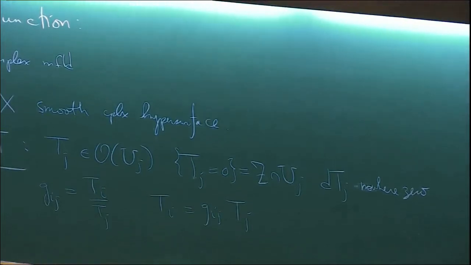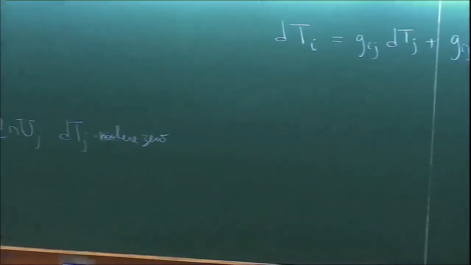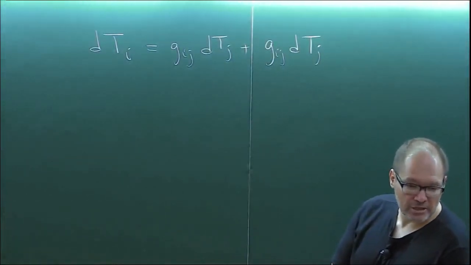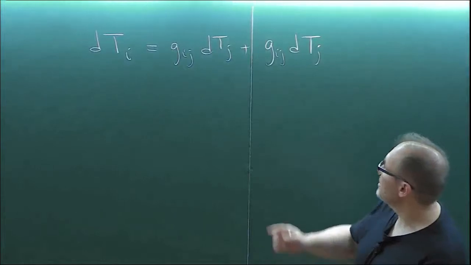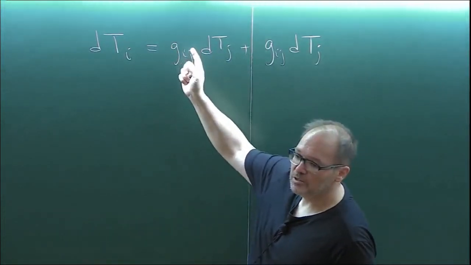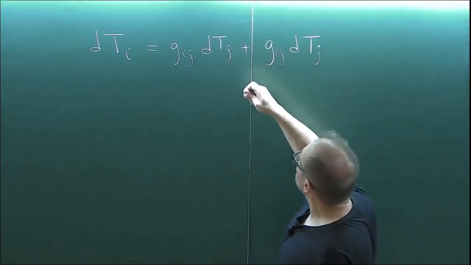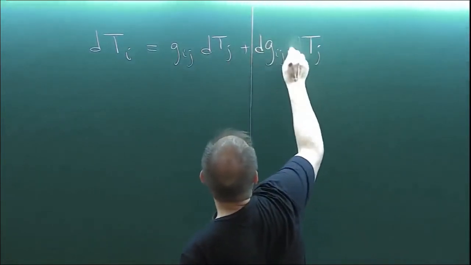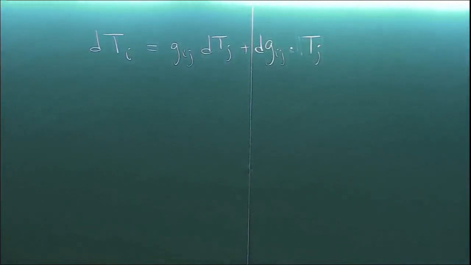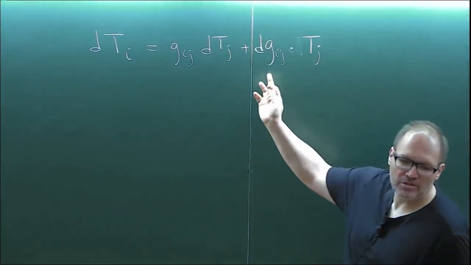But you remember in the very beginning when I introduced connections, I said that there was a kind of problem term that you get, which makes this not behave as a section of the line bundle. And it's exactly here. If it were a section of the line bundle, you would only have this term. But you have this additional one. Excuse me. This second term here is exactly what causes the problems.